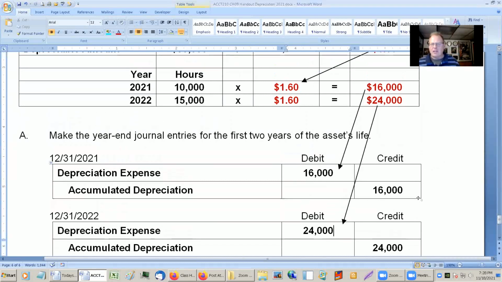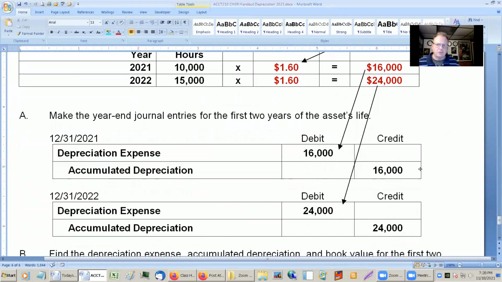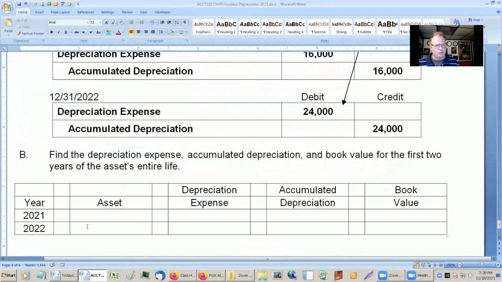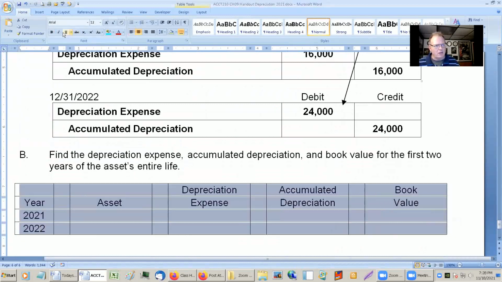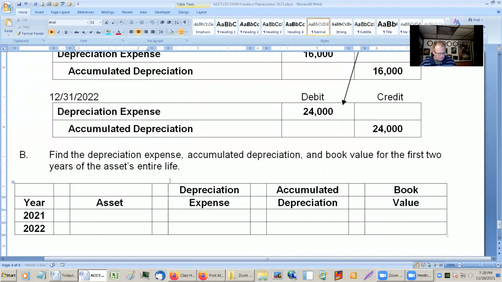Okay, I think you should have got 16,000 and 24,000 depreciation. Yes. And down here, assets.